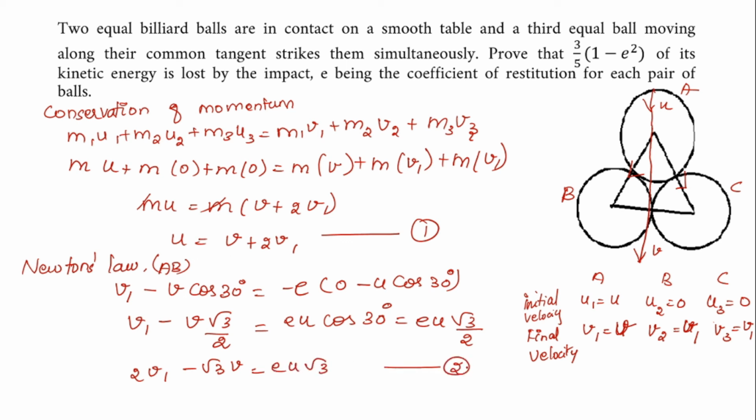When you solve these two equations, you will find v and v1 in terms of u. I am multiplying the first equation with root 3. It gives you root 3 v plus 3 v1 is equal to root 3 u.